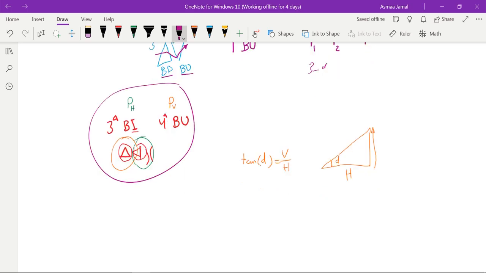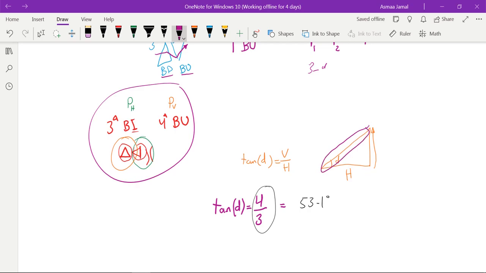So the same here, tan of the angle that we want equals the vertical one here, which is 4, divided by the horizontal, which is 3. And the angle that has this result is 53.1 degrees.